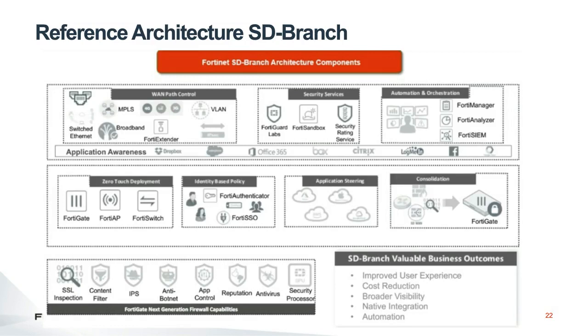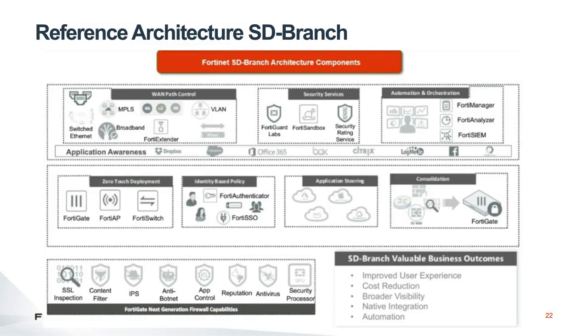The next very important component is to have security service across the branch. So we have the FortiGuard, the FortiSandbox, or even the security rating service that is all put on top of the FortiGates to make use of all these security services.